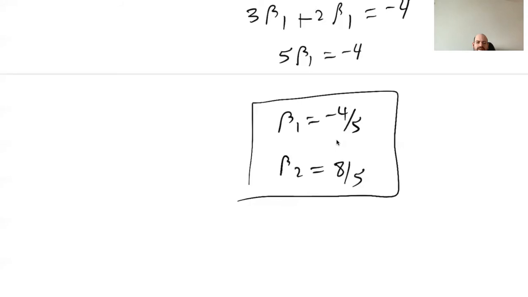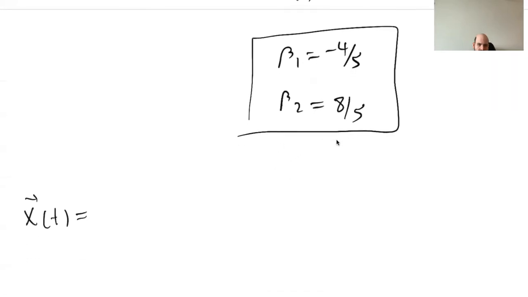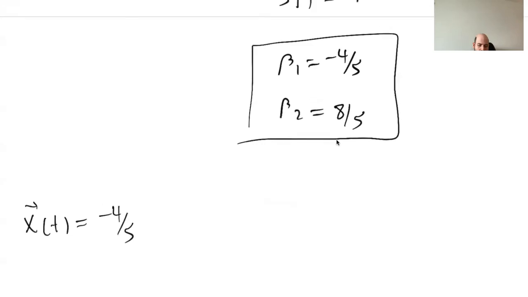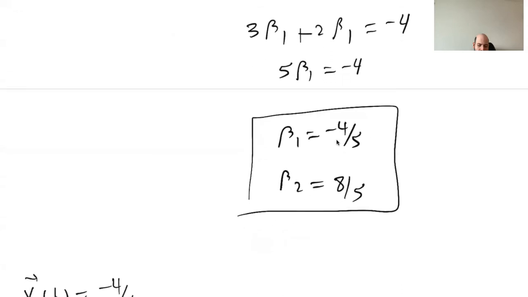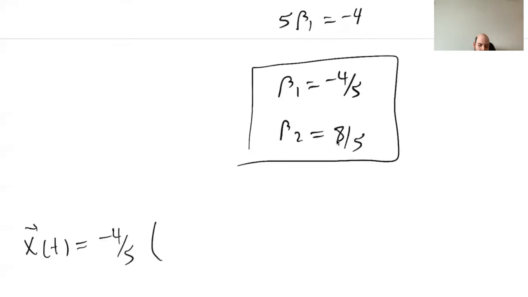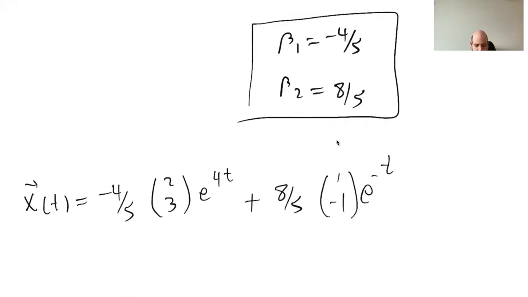So x of t equals -4 over 5 (2, 3) e to power 4t, and then plus 8 over 5 (1, -1) e to power -t.